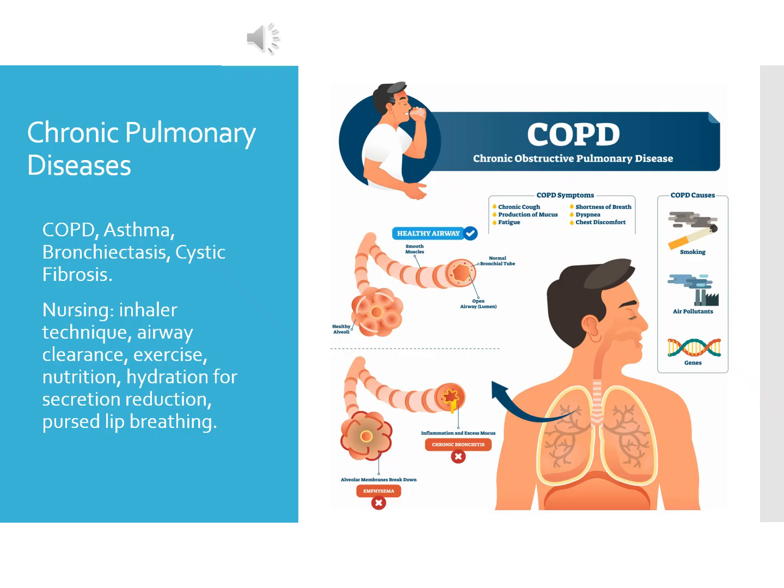This leads to air trapping and can lead to hyperinflation of the alveoli, which can lead to destruction of those tiny little grapes. This leads to poor gas exchange and can lead to increased CO2 and decreased oxygen, which can lead to hypoxemia, which is decreased oxygen, and hypercapnia, which is high CO2 levels.